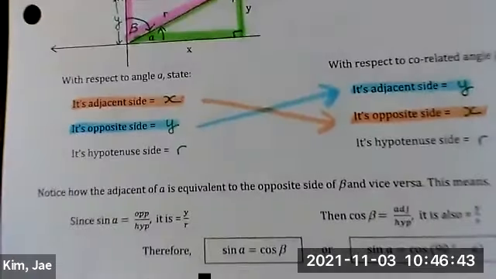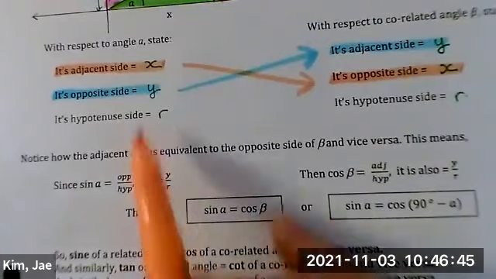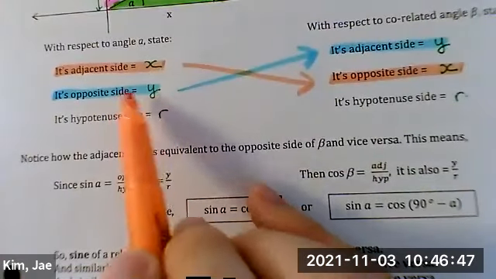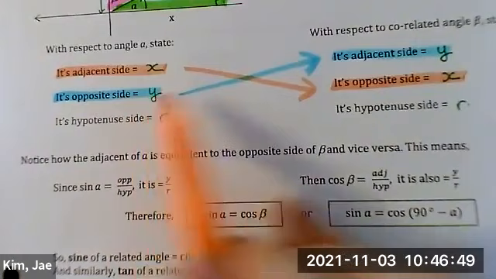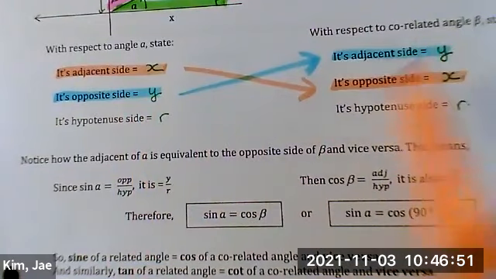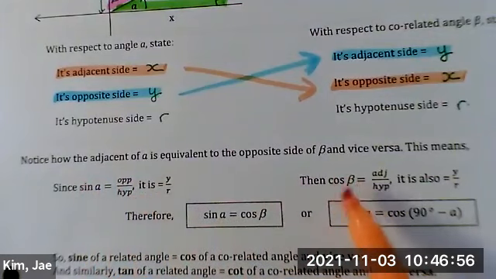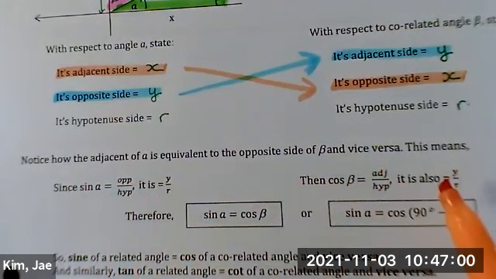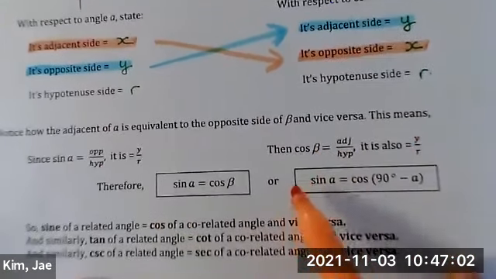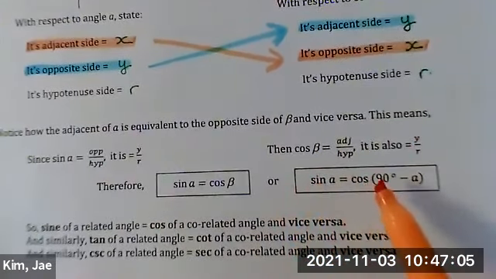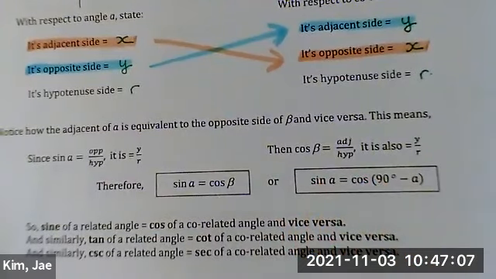So using this, I'm going to establish what I already did in the previous example. Sine of the opposite side of one side is the adjacent side of the correlated angle. And so if I do sine opposite over hypotenuse, the correlated angle's adjacent over hypotenuse gives me the same answer. Therefore, I can say for any angle, sine of some angle is equal to cosine of 90 minus that.